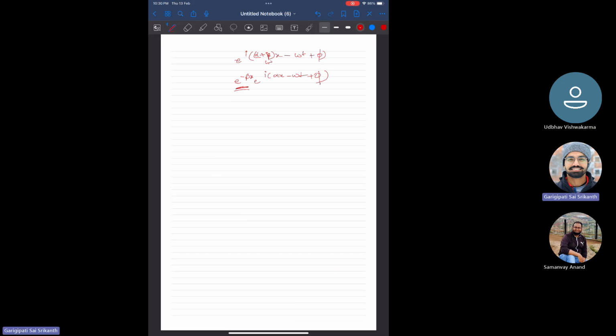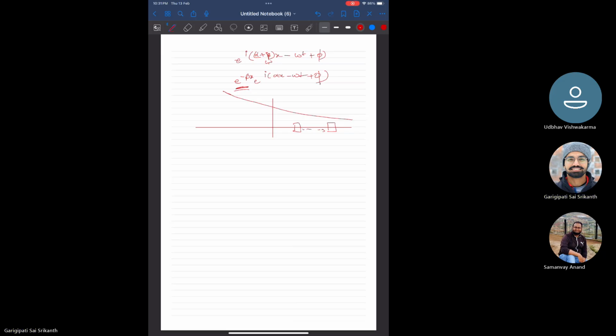That means that there is a decaying profile. Right, so this is one unit cell. So as you go forward, it's decaying.